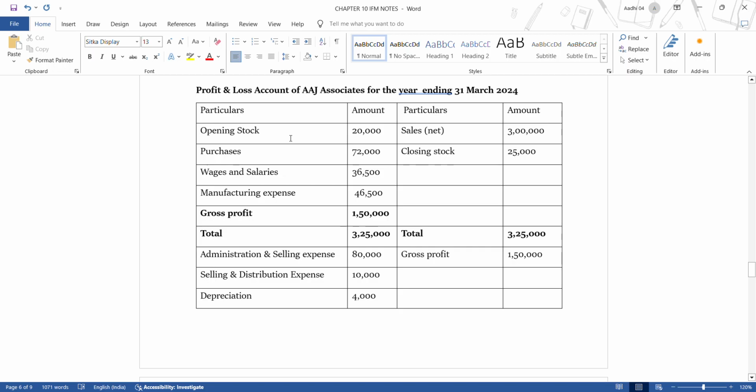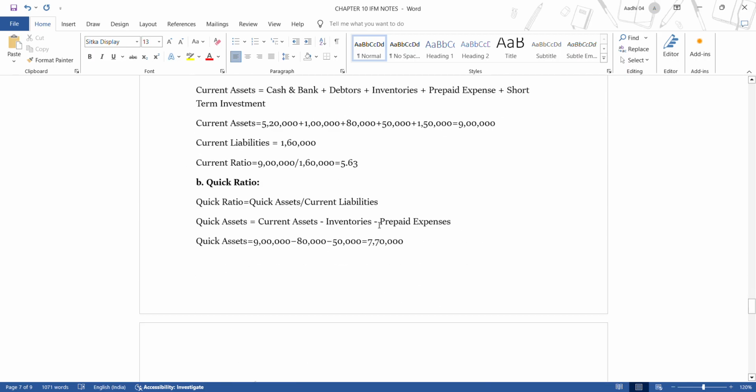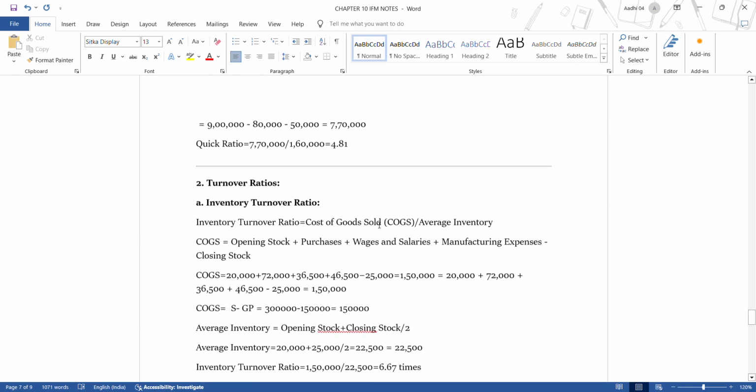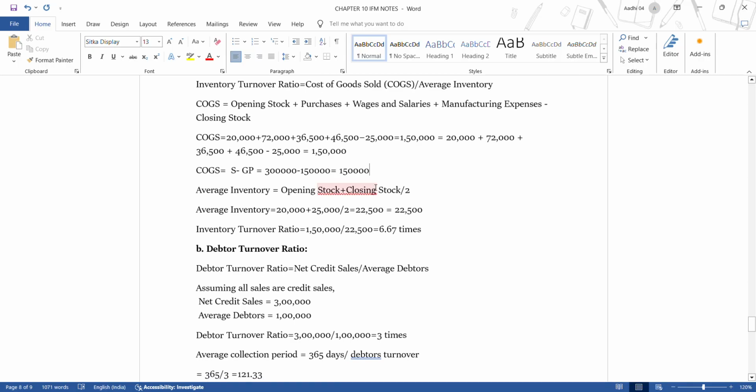So opening stock plus purchases, wages, manufacturing expenses minus closing stock gives you cost of goods sold. Or if the sales and gross profit are given, then sales minus gross profit is all you have to do. So you are getting 1,50,000. The other formula I am just highlighting.